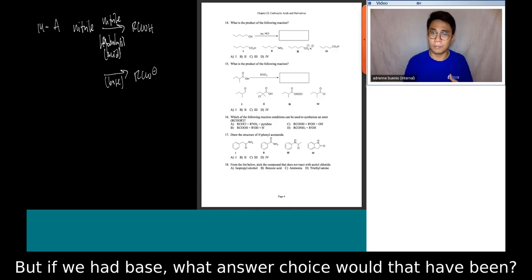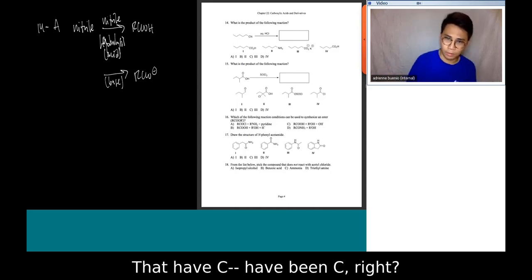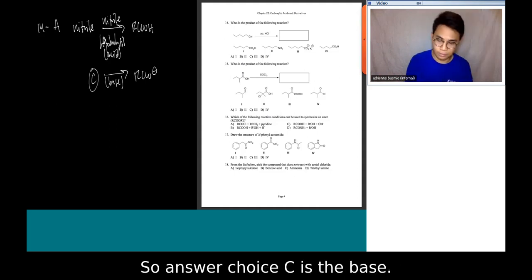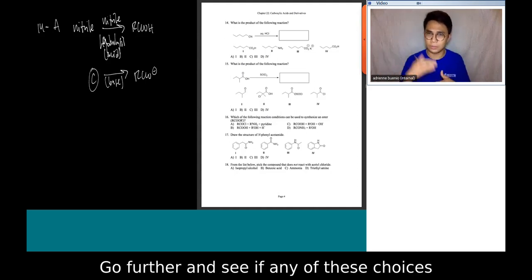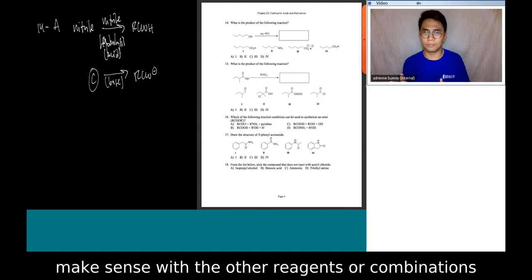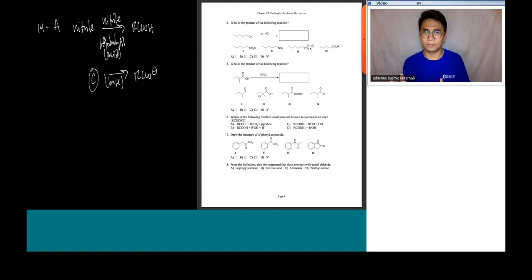But if we had base, what answer choice would that have been? That would have been C, right? So answer choice C is the base. So things like that, go further and see if any of these choices make sense with other reagents or combinations of whatever, right?